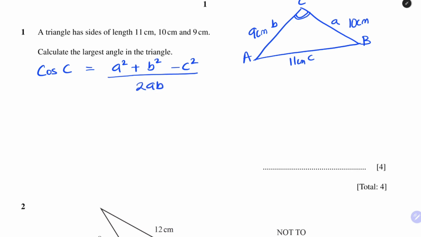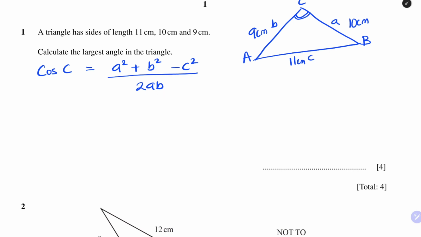The cosine formula will be given on the formula page, but it's just good for you to know how to write it down without even looking at the formula page. The square of the first side plus the square of the second side minus the square of the corresponding side of the angle you're looking for, divided by double the product of the two other sides.